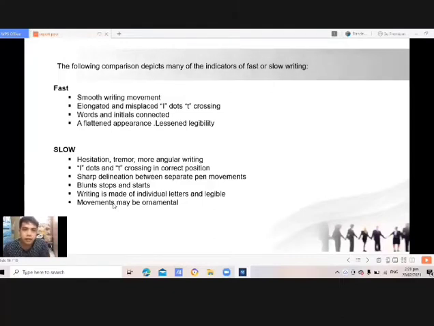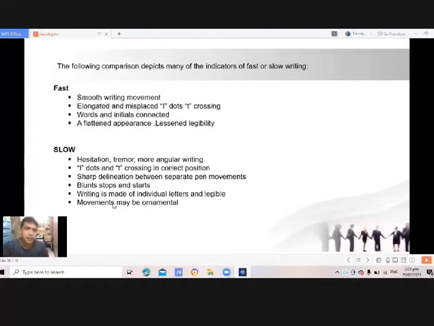Okay, ito. The following comparison depicts many of the indicators for fast or slow writing. Ito po, ang mga sumusunod na paghahambing ay naglalarawan ng marami sa mga pinahiwatig ng mabilis o mabagal na pagsusulat.